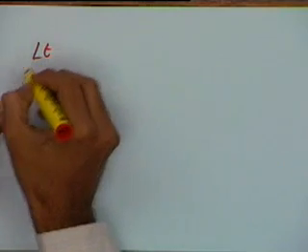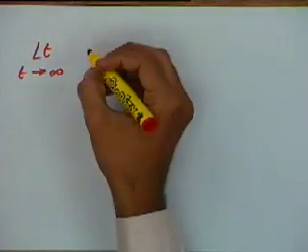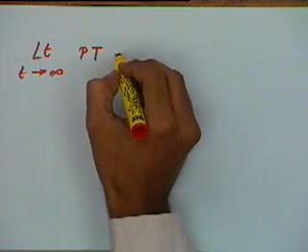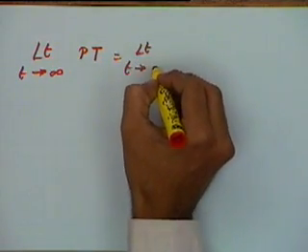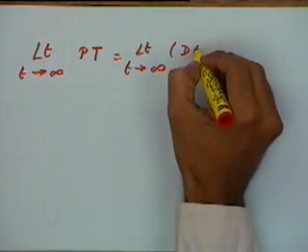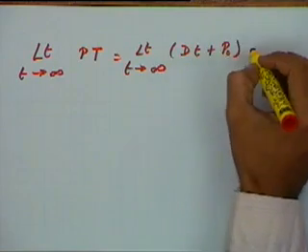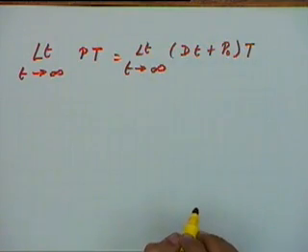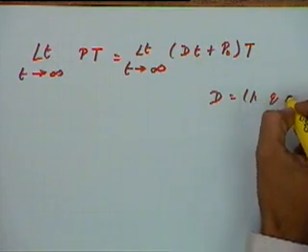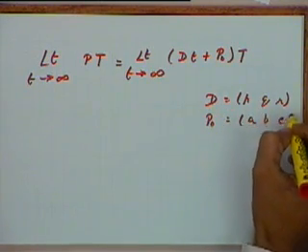We have said limit t tending towards infinity of p prime, which is the same as p times the transformation T, which is equal to limit t tending towards infinity of P, where P was d times t plus p naught, multiplied by the transformation T, where d is equal to p q r and p naught was equal to a b c.